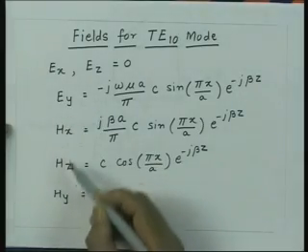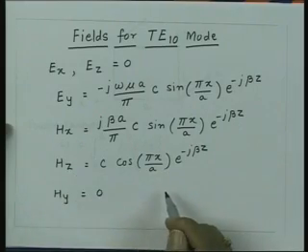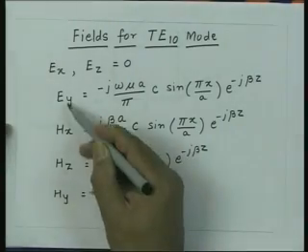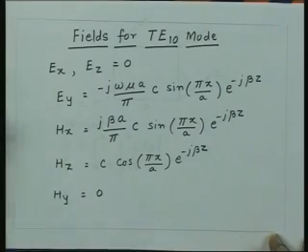So Ey times Hz, which gives me the power flow in the x direction, that is imaginary. Only this power, which is Ey Hx, is the one which will give me the real power flow in the z direction.